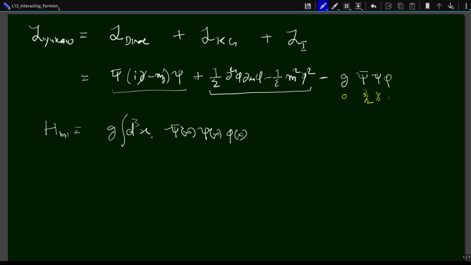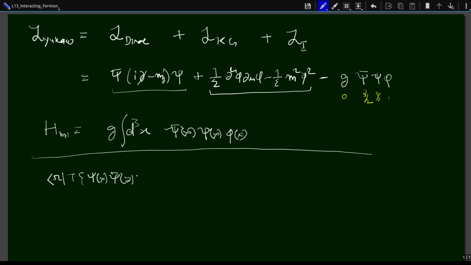So what we need to discuss further is that in this theory we need to do computation of Green's functions. For example, let's say I want to compute the 2-point Green's function, the time ordered product of psi(x) psi bar(y).